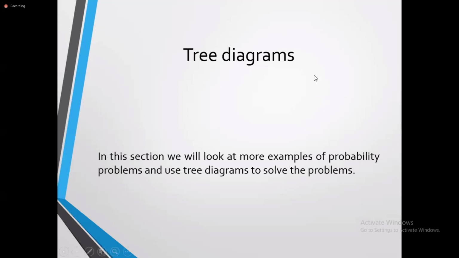If you can remember, last week we started our second chapter, basic concepts of probability, and there we discussed some types of events and how to list all the possible outcomes for an experiment, and we discussed how to draw Venn diagrams if we have two or more events.